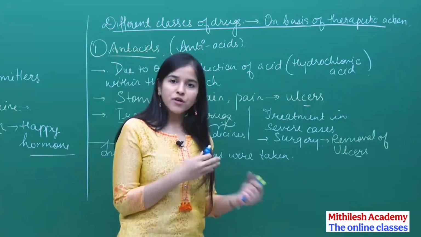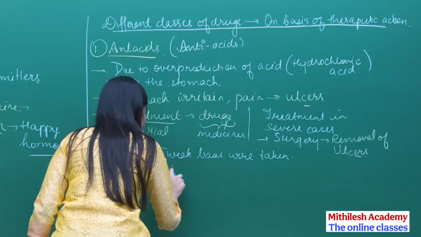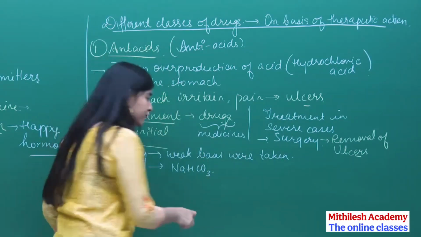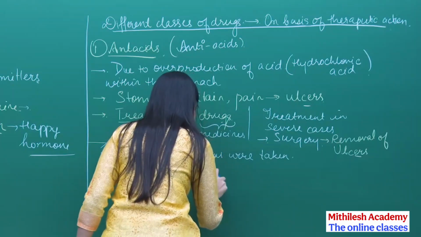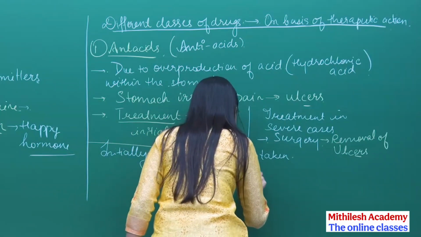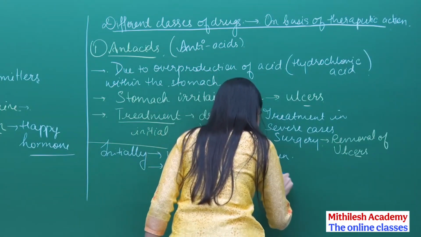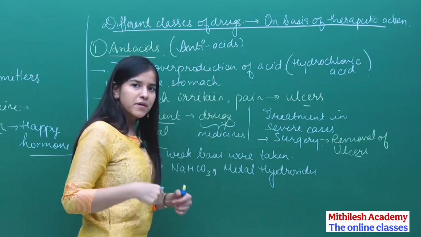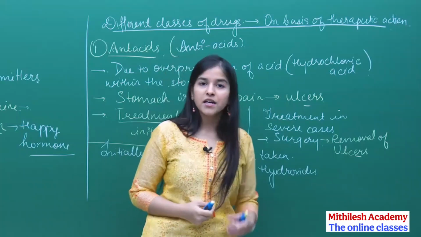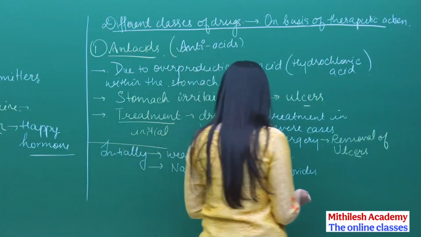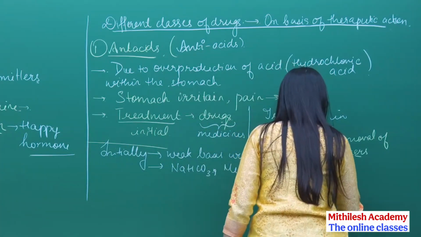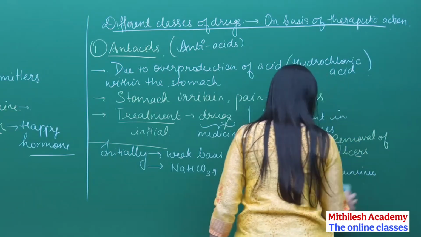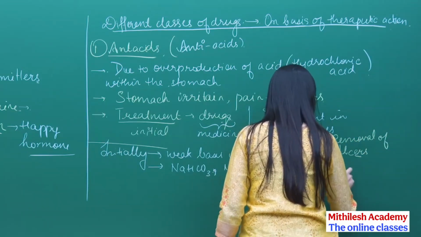Maybe sodium hydrogen carbonate, NaHCO3, or maybe some kind of metal hydroxides. What kind of metal hydroxides? Maybe aluminium hydroxide could have been taken, or magnesium hydroxide. So metal hydroxides were also taken, like aluminium hydroxide, or I may write the formula.